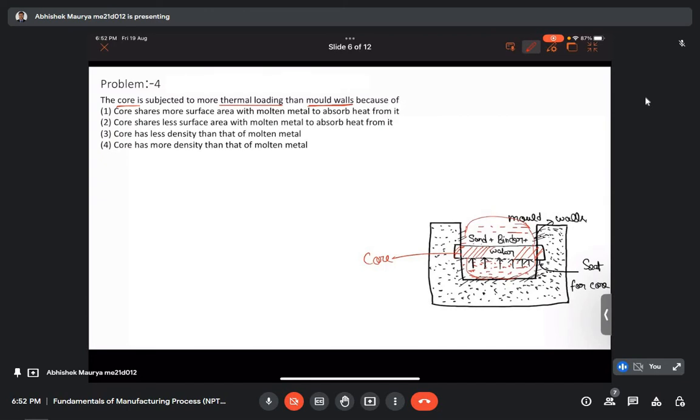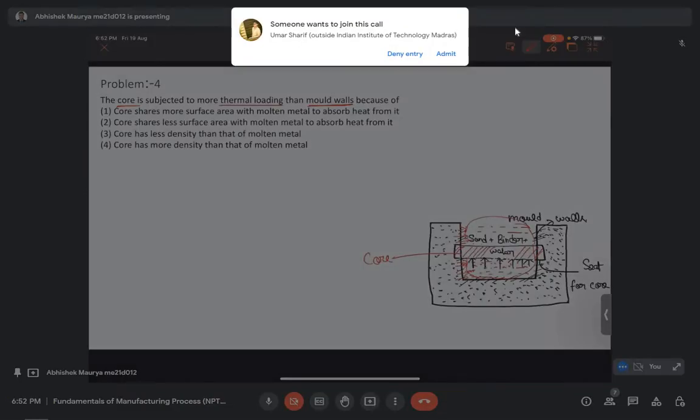When molten metal is poured inside it, it comes into contact with the core as well as the mold walls. So for this wall, the molten metal comes into contact from one side.